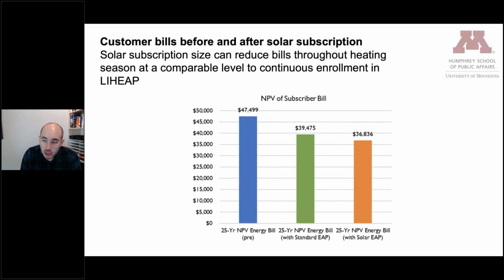And so here is just a demonstration in our model. We're able to see what a household's energy bill was before this program, what it is with standard energy assistance, and then what it is with this solar enhanced energy assistance. And so our model helps to calibrate that subscription size again so that you can see these reductions playing out.